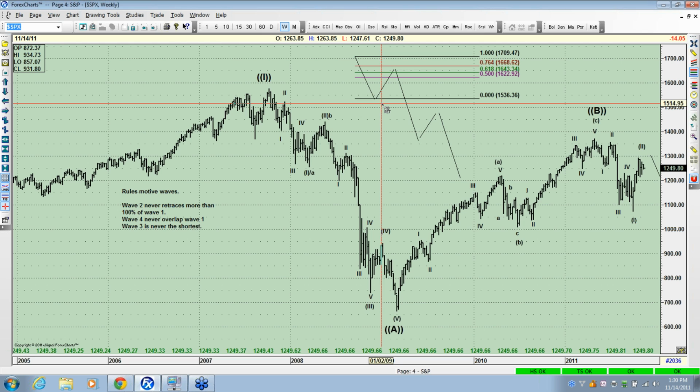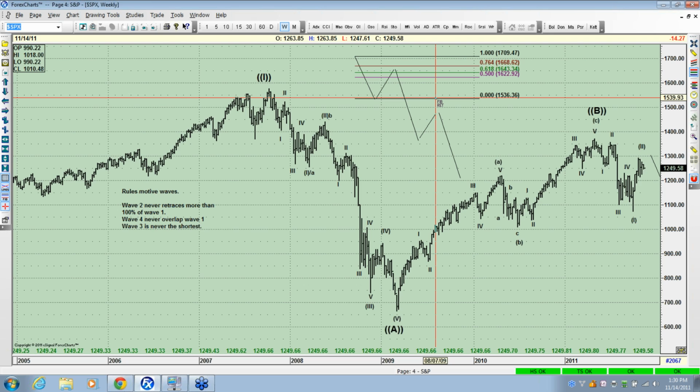And then you guys are going to see that wave 2 retrace either to the 50% retracement of wave 1, to the 61.8 retracement of wave 1, or the 76.4 retracement of wave 1. Those are the Fibos when wave 2 retrace compares to wave 1.